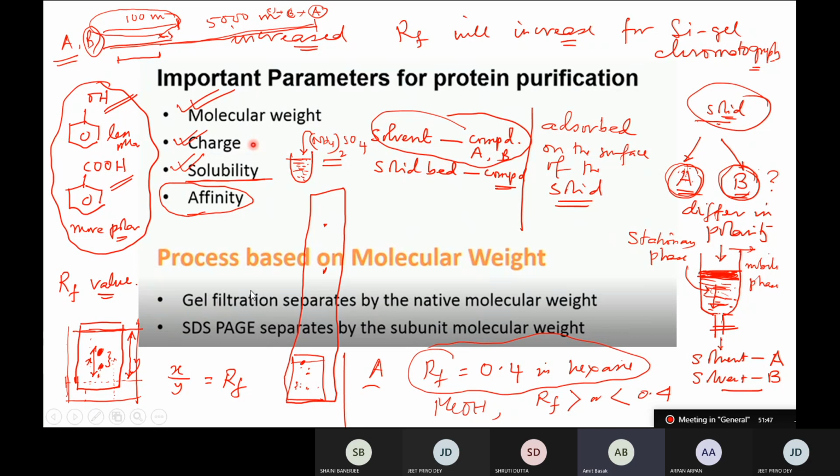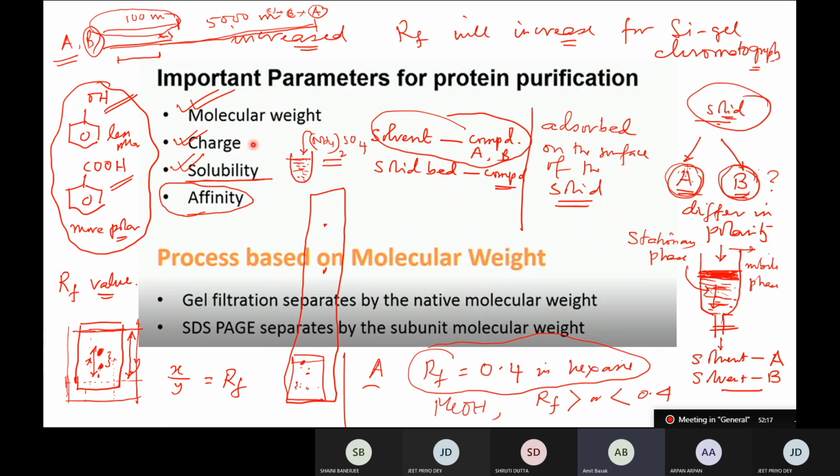Remember, protein separation is much more difficult than separation of organic compounds, because proteins are usually soluble in water. Organic compounds are soluble in organic solvents, where you have many choices: hydrocarbon solvents, hexane, dichloromethane, chloroform, methyl acetate, benzene, toluene.